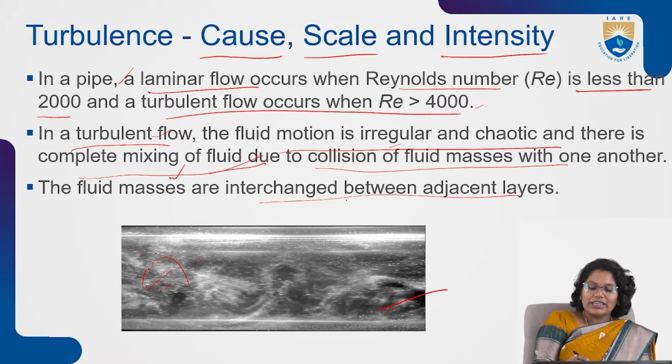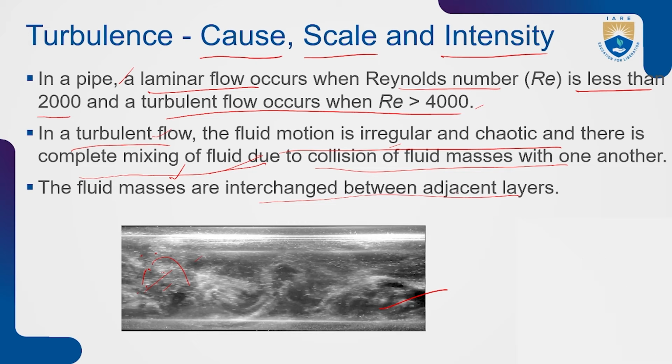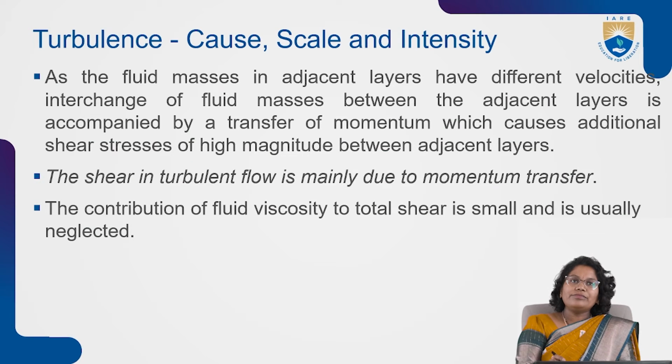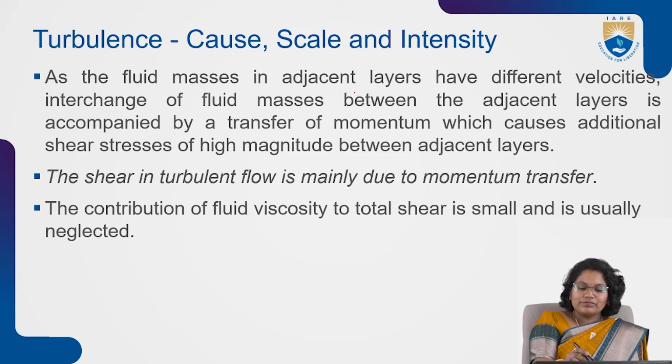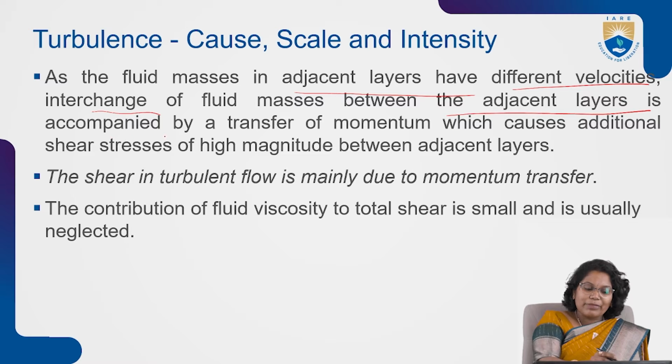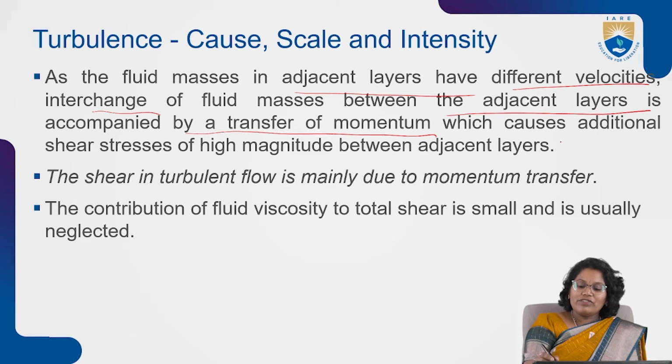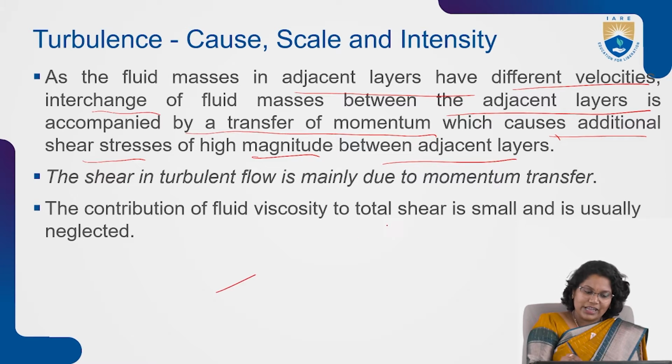The fluid masses in adjacent layers have different velocities. Interchange of fluid masses between adjacent layers is accompanied by the transfer of momentum, which causes additional shear stress of high magnitude between the adjacent layers.